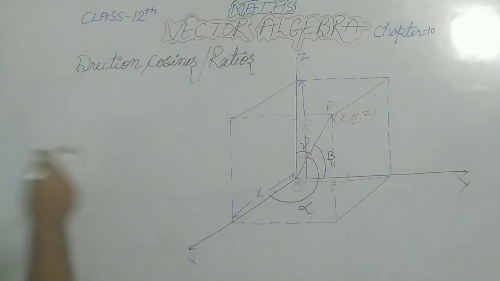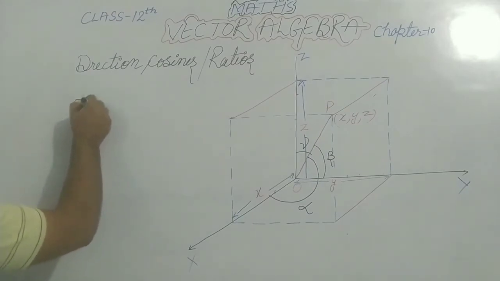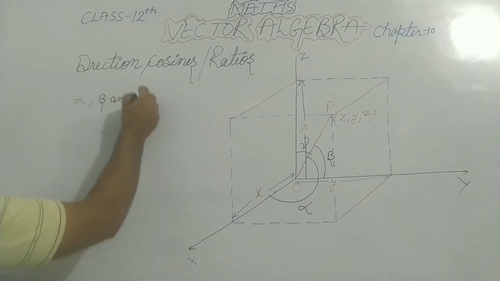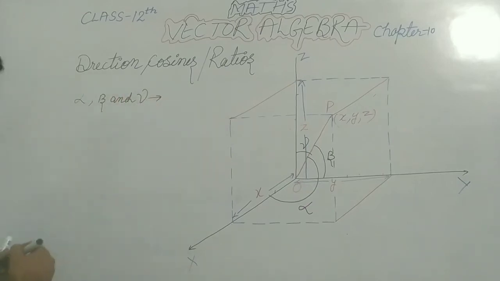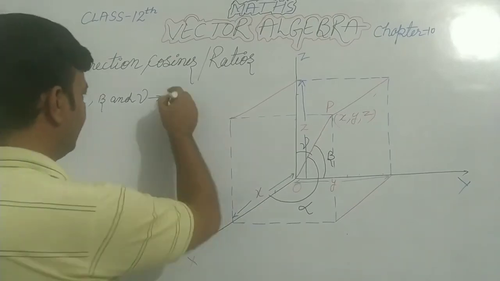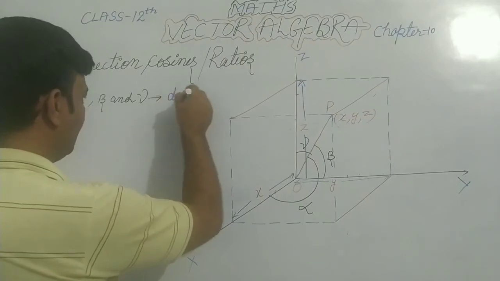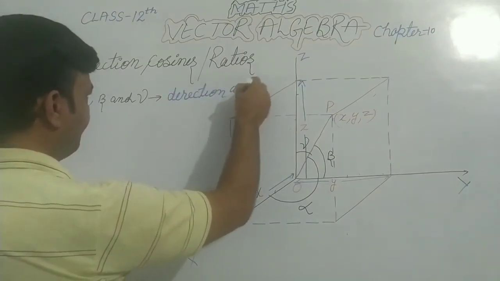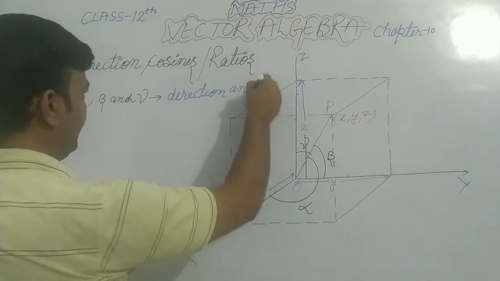So the angles alpha, beta and gamma we know as direction angles, isn't it?